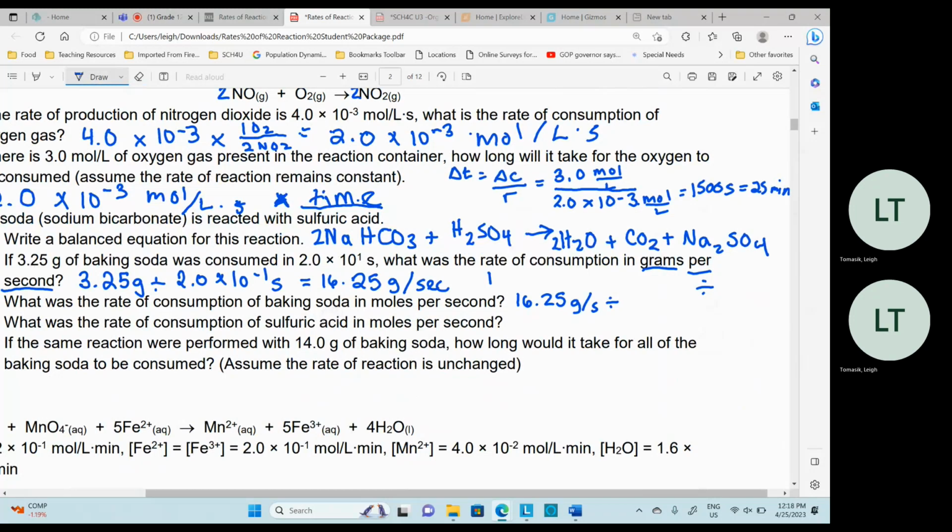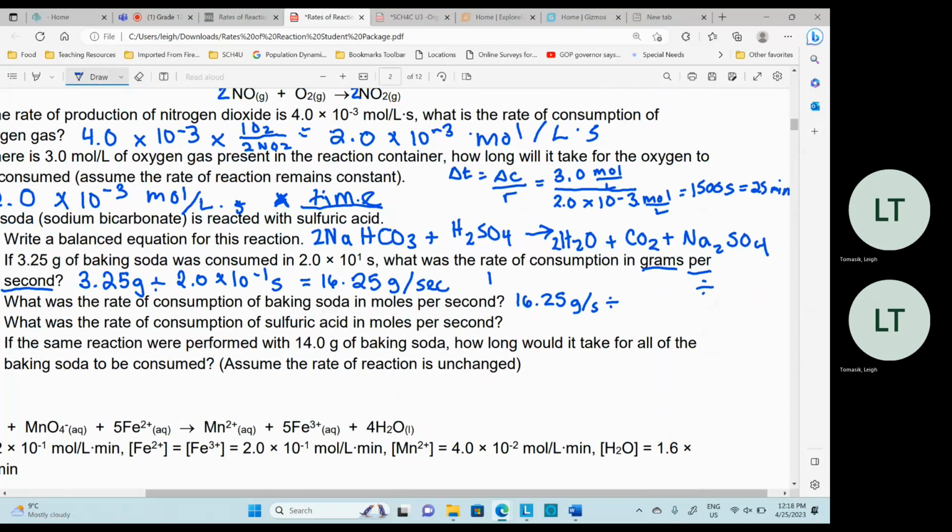Sodium bicarbonate molar mass. It says it's 84.007. So I'm going to say that's 84.